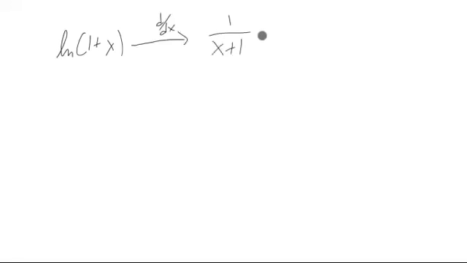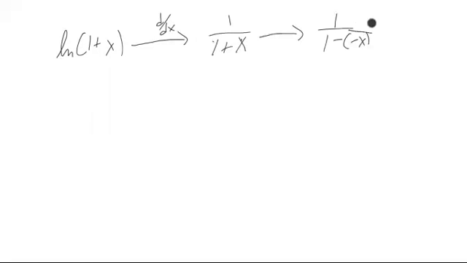Now, let's rewrite this as a series. Maybe I'll rewrite this as 1 plus x. And we could think of this as 1 over 1 minus negative x.